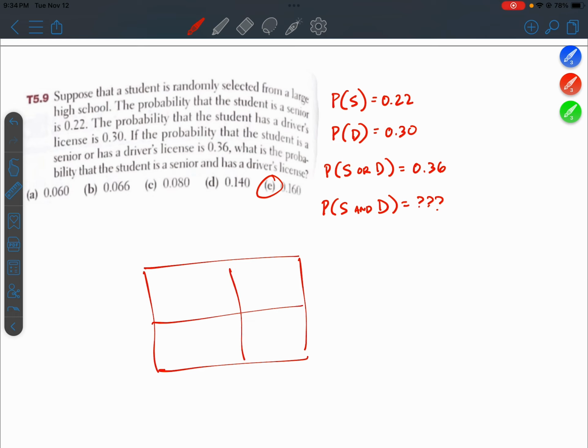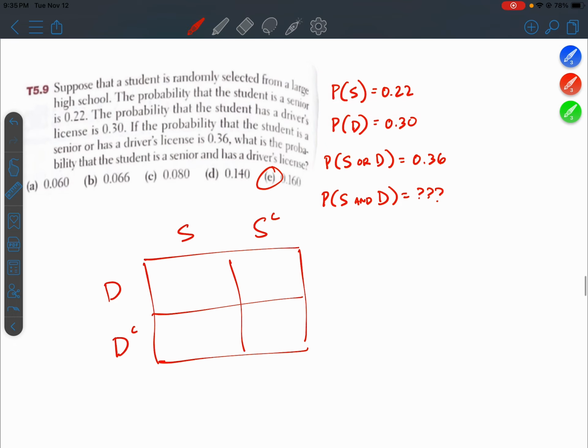So we have senior and non-senior, driver's license and non-driver's license. I'm just using the complement notation to indicate the event not happening. We know that 22% of students are seniors.